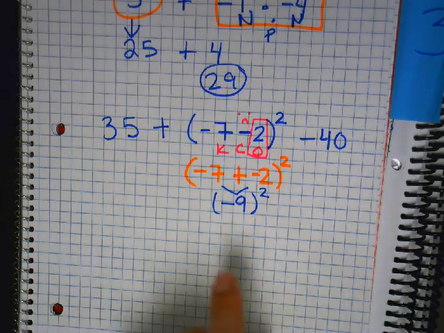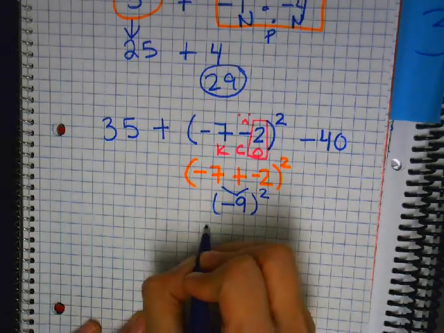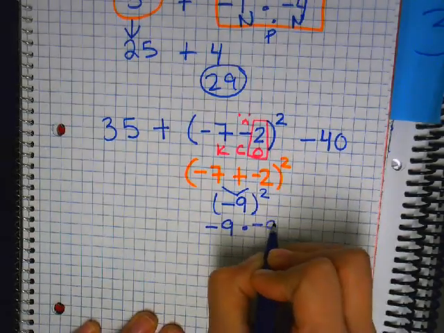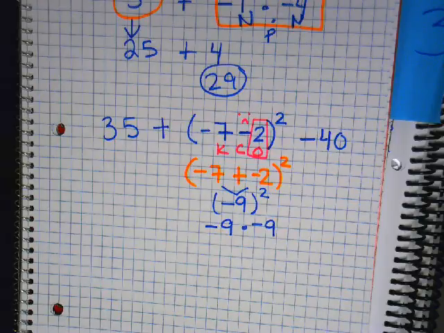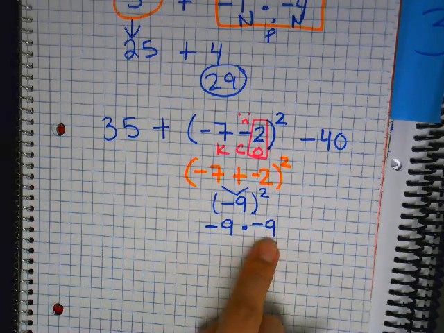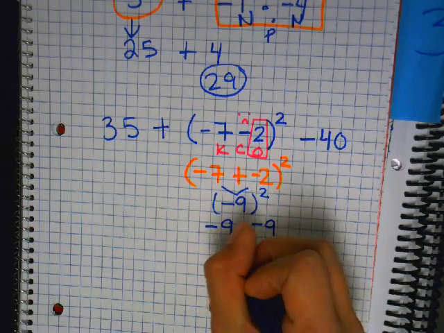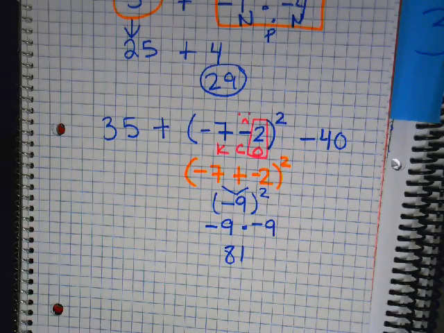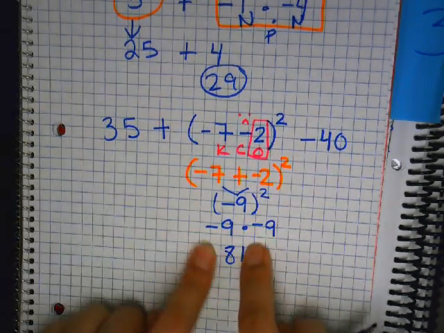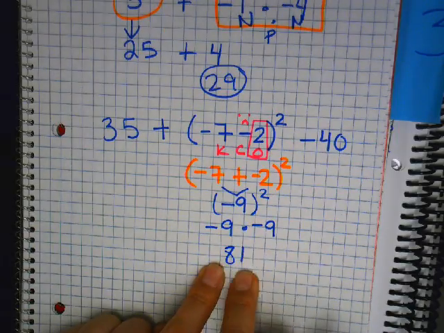Okay, negative 9 squared means negative 9 times negative 9, right? So be careful. On the test on Friday, I'm going to give you this. This gives me a positive 81, not a negative, a positive 81.